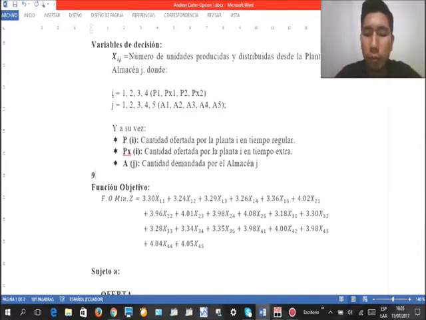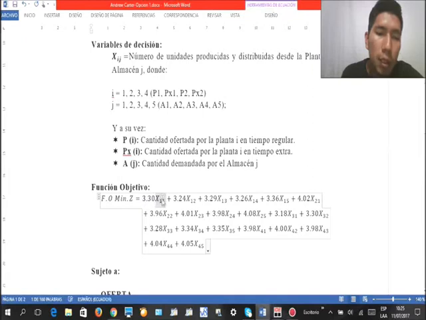Objective function. Our objective is to minimize cost. Cost is represented by C. It is the result of the product between cost and the number of units produced and distributed from each plant, plant 1 and plant 2.